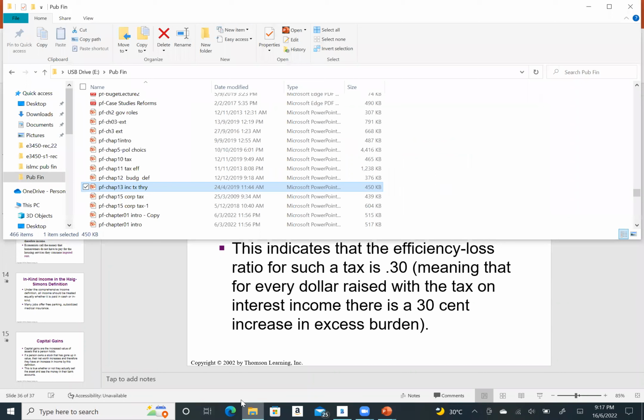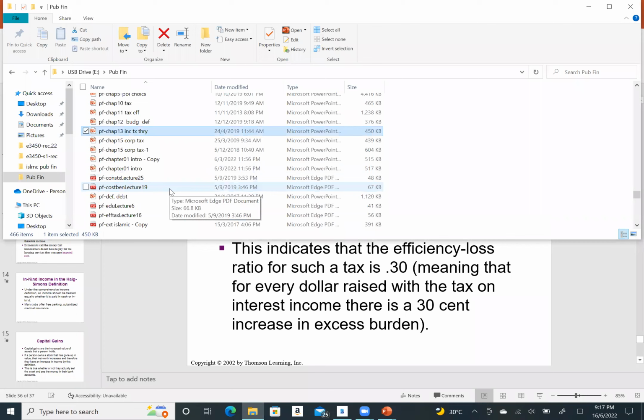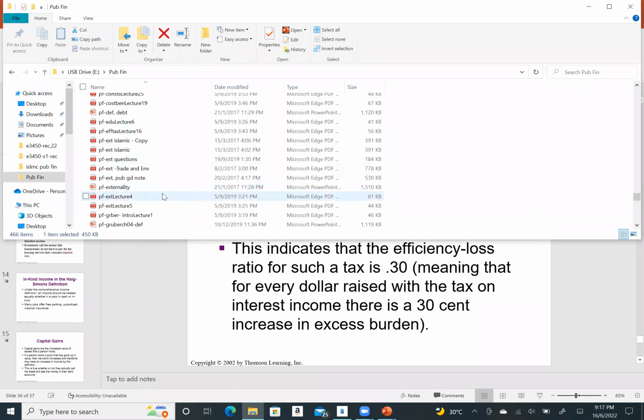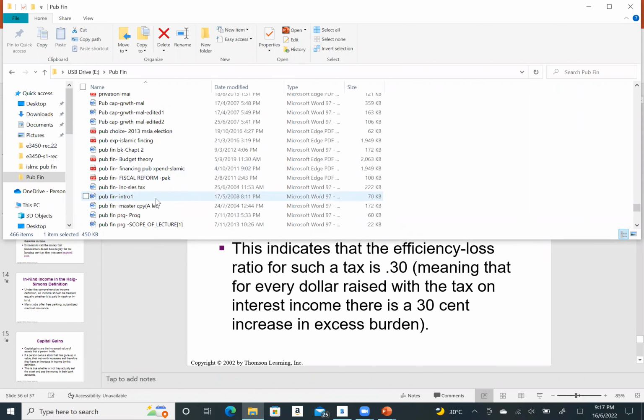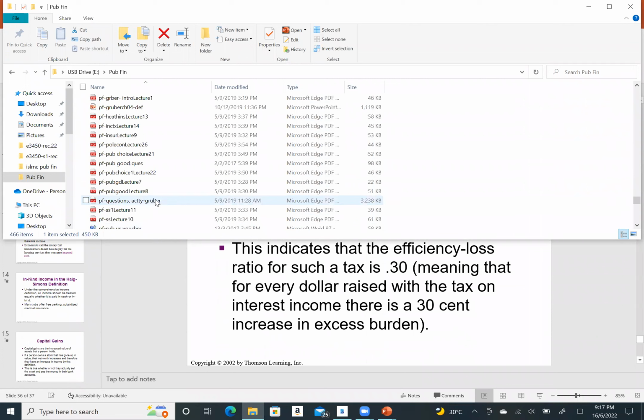I should have another file. Chapter number 15. But I can't see it.